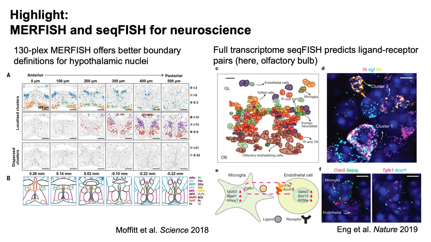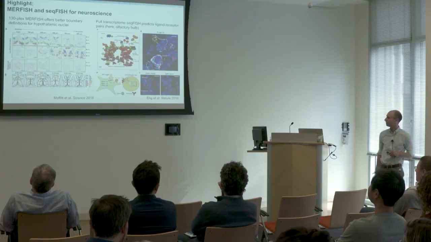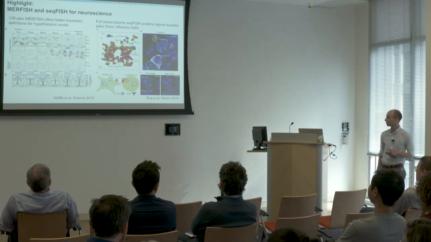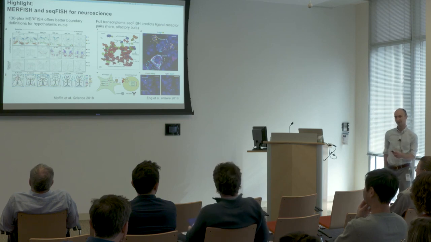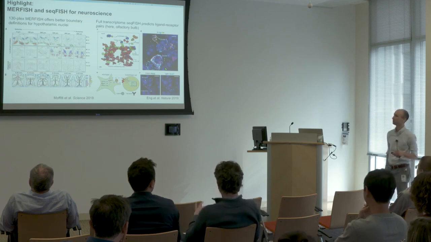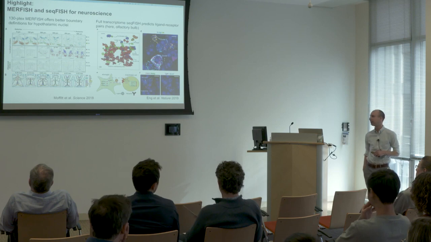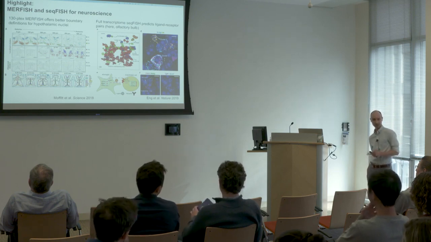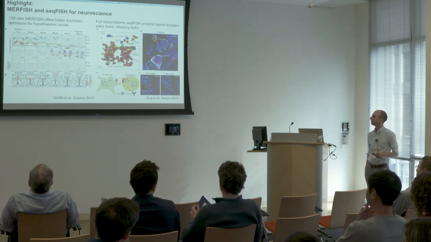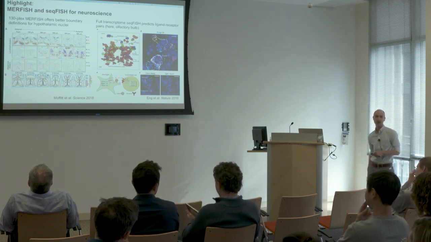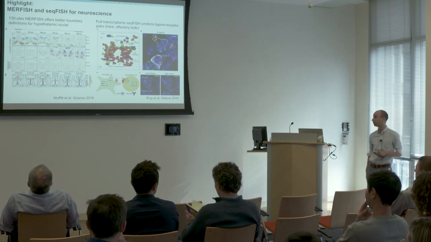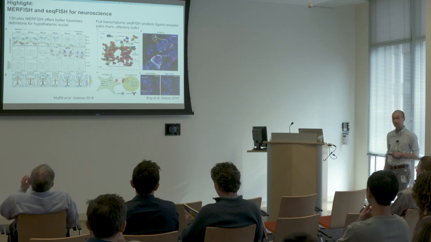Here I'm showing the same example they highlight in the olfactory bulb, where based on the statistically significant increase in the proximity of 2 different cell types next to each other and their knowledge of the full transcriptome of the cell, they can back out, or at least propose, receptor-ligand interactions that may be mediating these kinds of interactions, which is a very cool thing that I don't know how you would do with single-cell RNA sequencing.